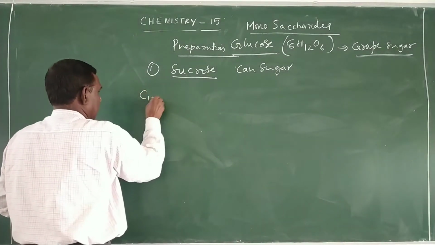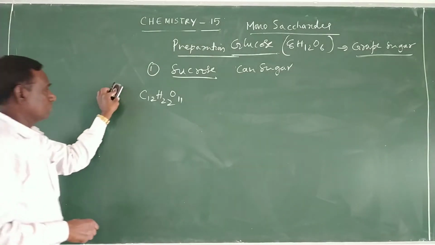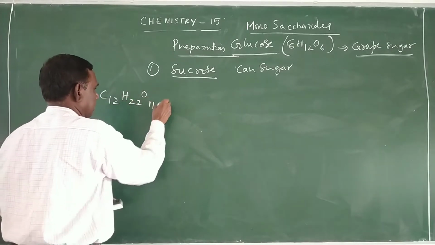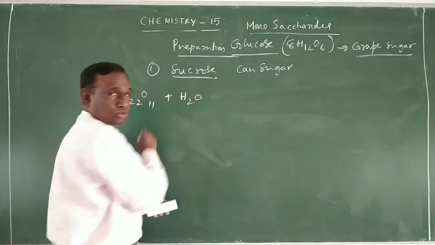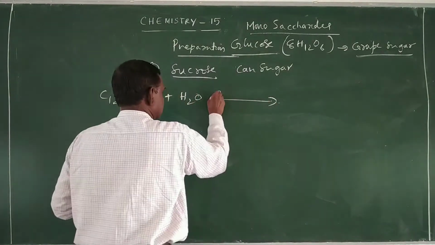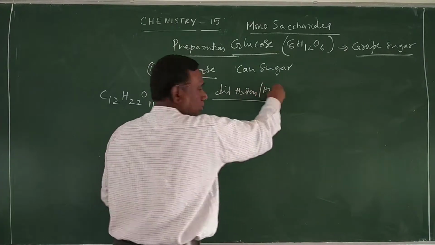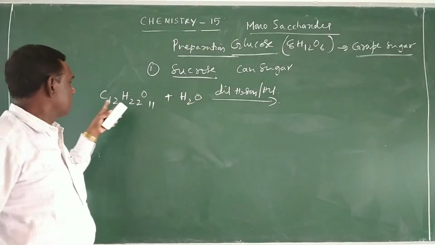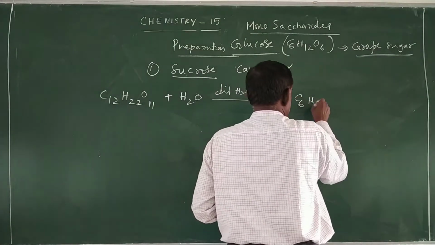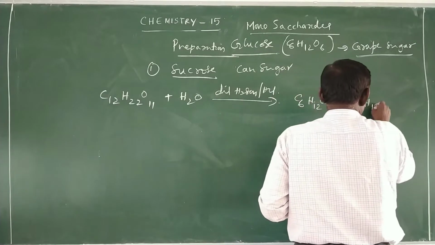Now, what is the formula for cane sugar? C12H22O11. Cane sugar is subjected to hydrolysis with H2O in the presence of dilute H2SO4 or HCl. It undergoes hydrolysis, giving glucose and fructose: C6H12O6 plus C6H12O6.